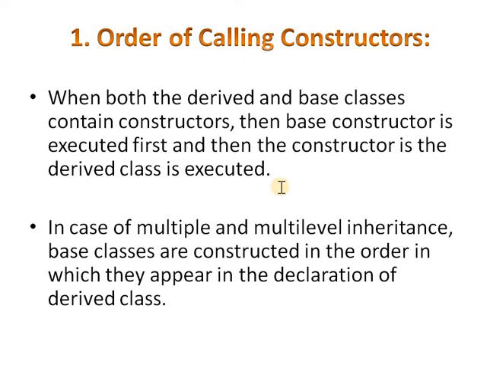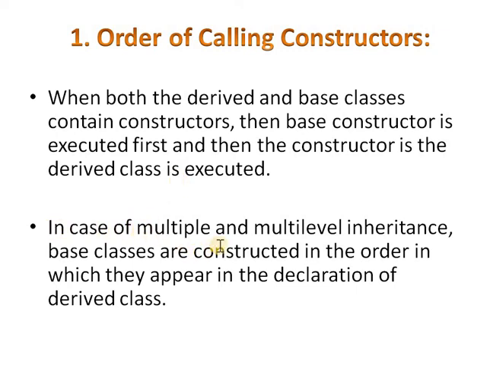That means when both the derived class and the base class have a constructor, the base class constructor is invoked first, and then the constructor in the derived class will be executed. This is the order of executing constructors in base and derived classes.